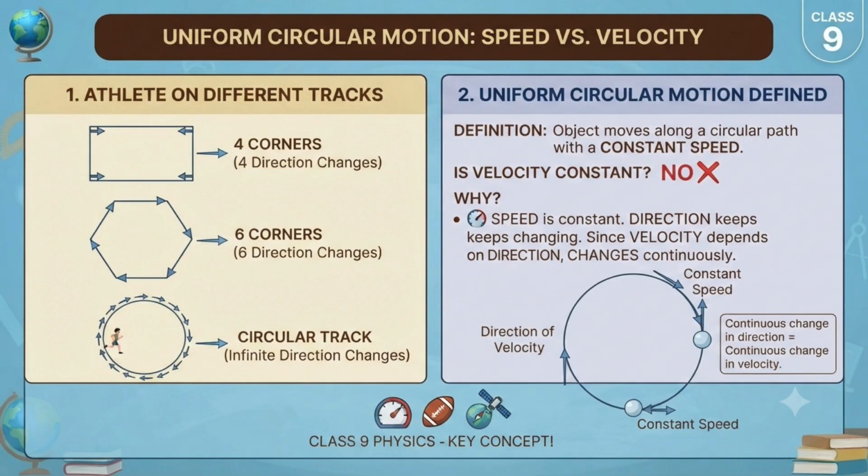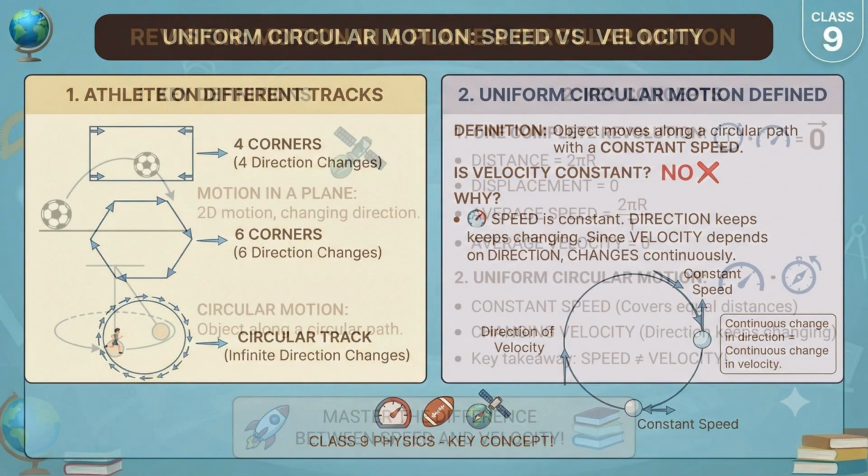As the number of sides becomes larger and larger, the shape gradually becomes a circle. In a circular track, there are no corners. Instead, the direction changes continuously at every point. That's why, in uniform circular motion, the speed remains constant, but the velocity keeps changing continuously because its direction is constantly changing.